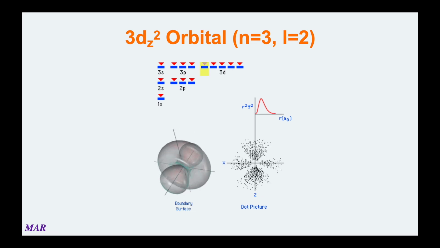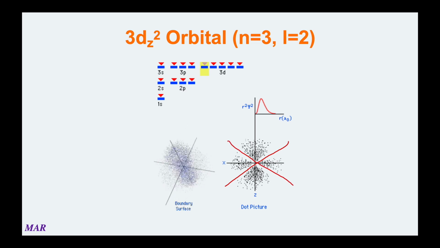The 3dz squared, I always call the donut orbital, and that's not really accurate, but it is kind of fun to think about. These guys have a harder spherical or planar node to see, but you can see here in this two-dimensional picture, there are literally two of them kind of bisecting it and stuff inside, which is pretty cool.